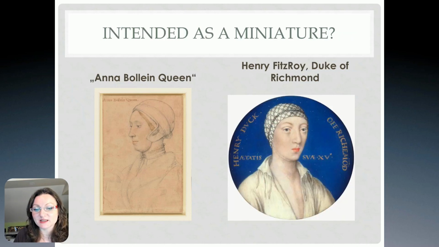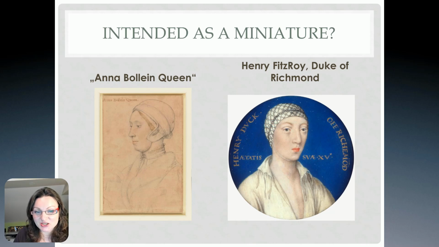Now, the sketch of Anne Boleyn Queen is not too dissimilar to a miniature from the Horenbout workshop of Henry Fitzroy, Duke of Richmond, Henry VIII's illegitimate son. Now, as you can see, Fitzroy is wearing a rather informal attire as well. It may be a chemise or a nightgown opened in front, and he is wearing a nightcap.